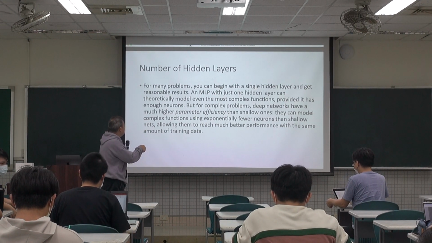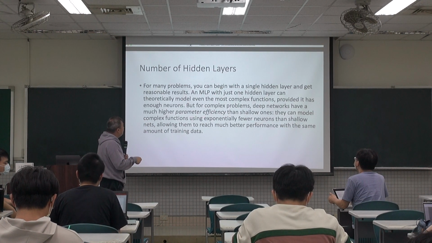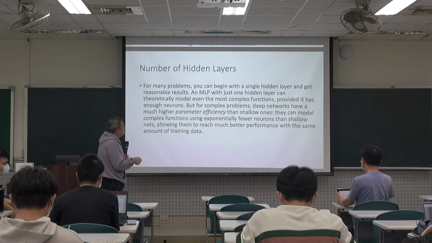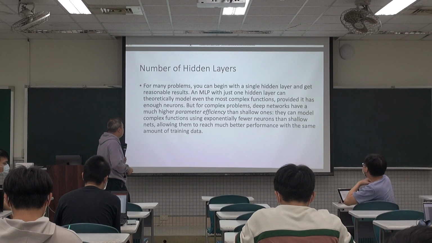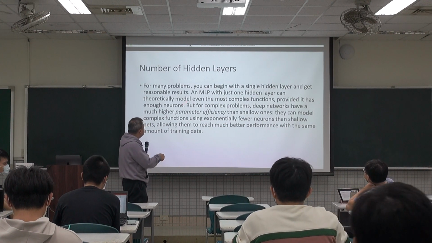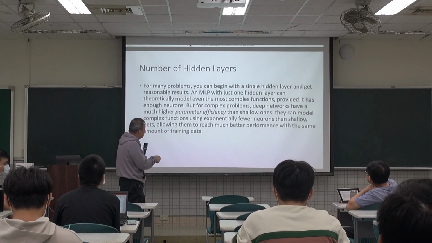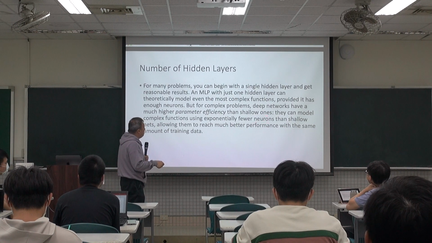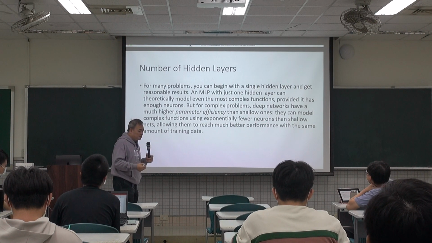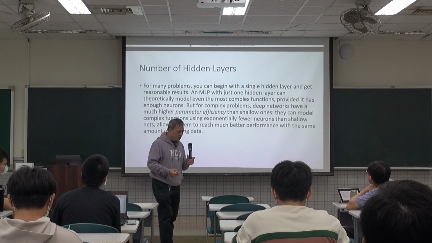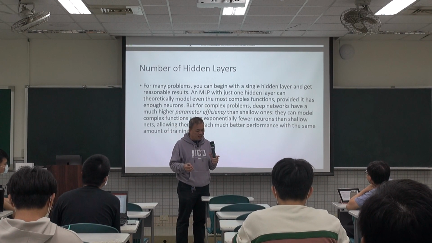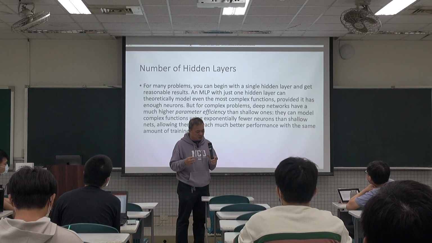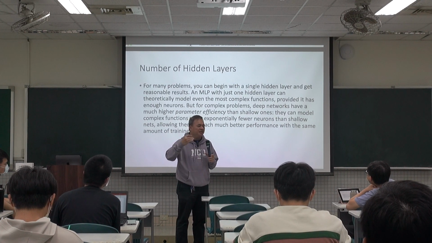You should start with a small number of hidden layers, but in terms of parameter efficiency, sometimes if you feel the model is not complicated enough, you want to either add more neurons or add more layers.